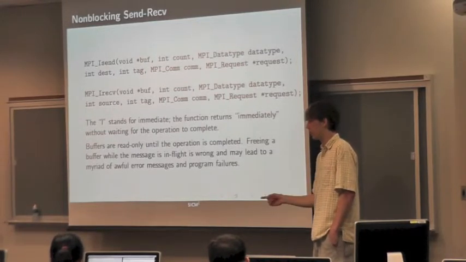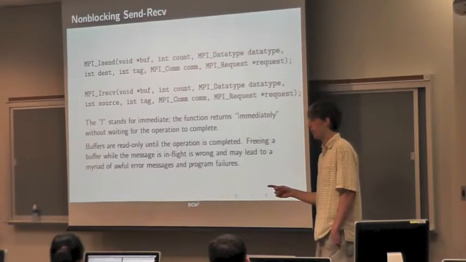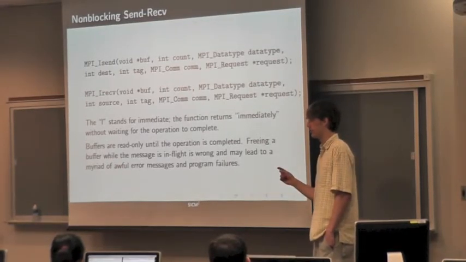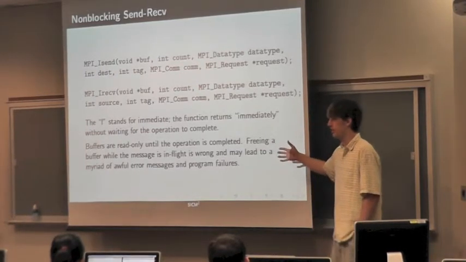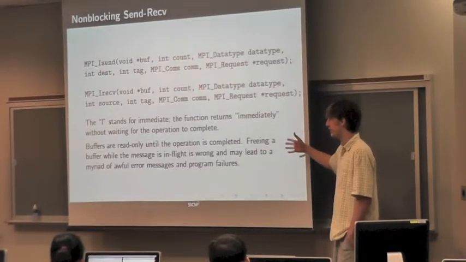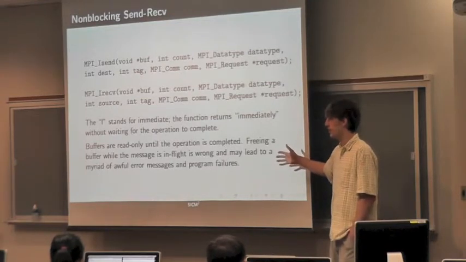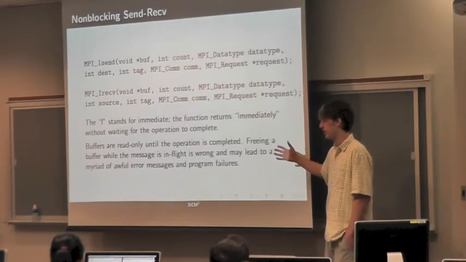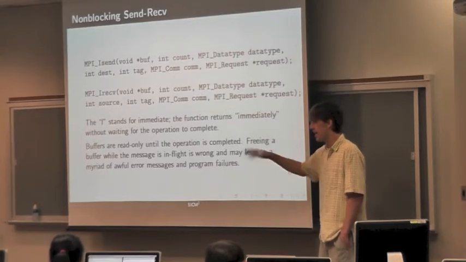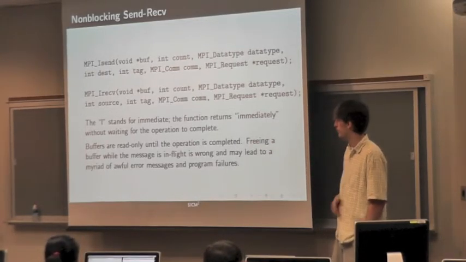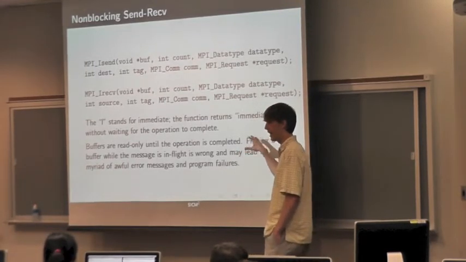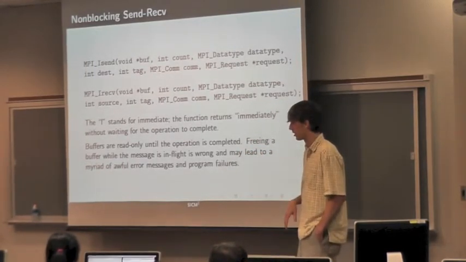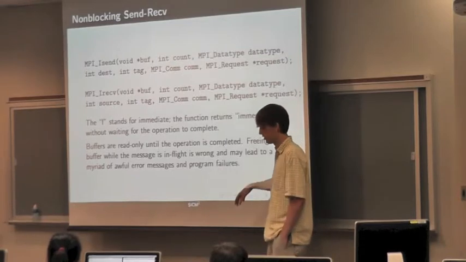Either MPI is going to scream bloody murder, or your operating system is going to scream bloody murder, or you're going to see a glibc error, free corrupt, whatever. Terrible, terrible things will happen. So please leave your buffers. Don't touch them. If you forgot what's in them, you can read them. You can do a send, and then you can read back the data for some reason. I don't know why. But don't modify, free, or otherwise perturb the data while the message is in flight.